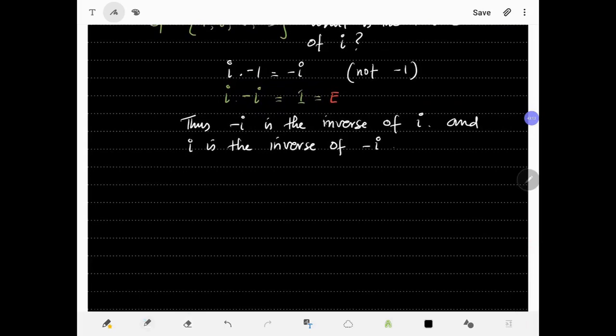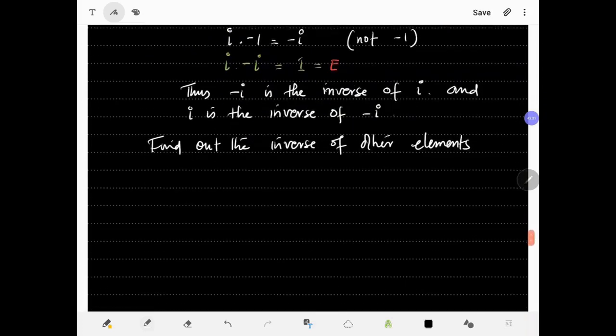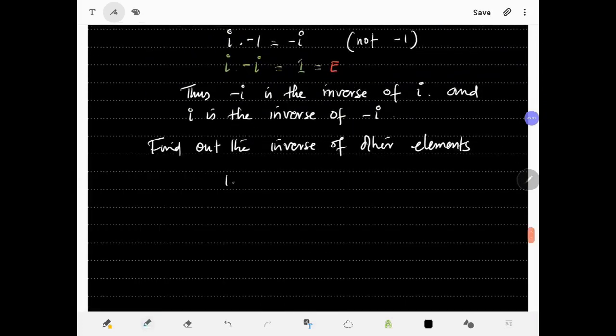Similarly, find out the inverse of other elements in the group. So what is the inverse of 1? Inverse of 1 is 1 itself. And you will see that in all cases, inverse of identity element is always identity element itself. What is the inverse of minus 1?